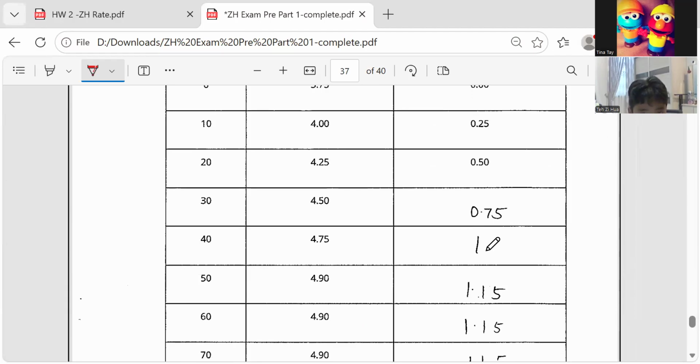If this one, you see all got two decimal points, everything also must put two decimal points. Can see that or not? Yes. Okay. Make sure you don't make this mistake, huh? Okay, let's see.